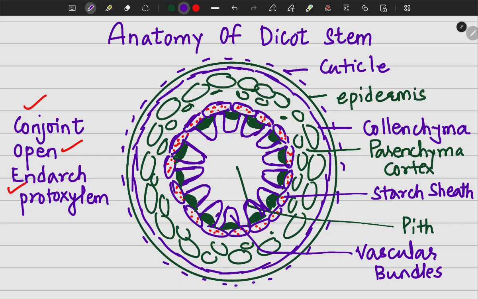Now between these vascular bundles there are radially arranged parenchyma cells in this portion. So this portion is called medullary rays.